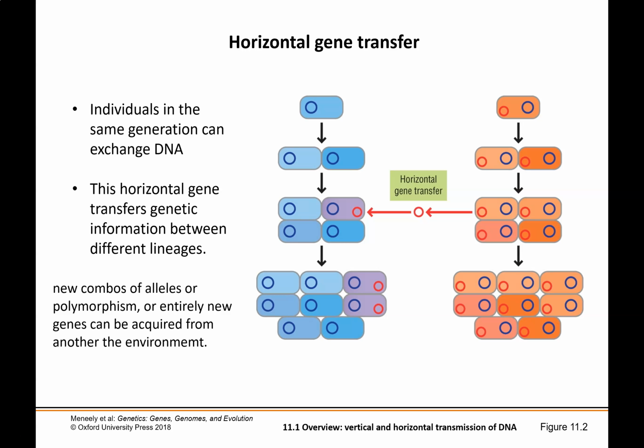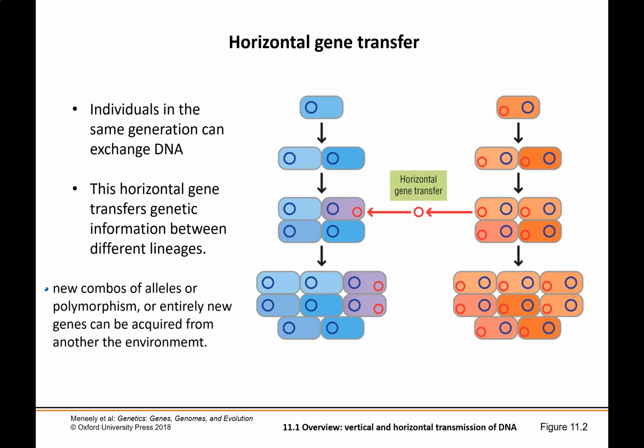Now, this horizontal gene transfer is going to increase the variation within a population when that information is exchanged between different lineages. This is going to produce new combos of alleles. It might even introduce new alleles or new polymorphisms into the population, or it might produce entirely new genes that have been acquired from the environment or from another type of bacteria.